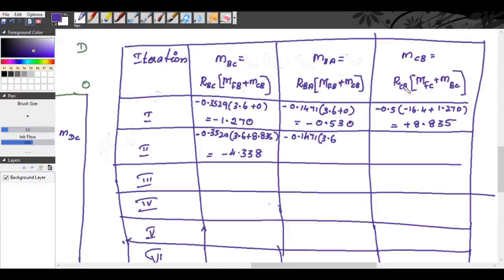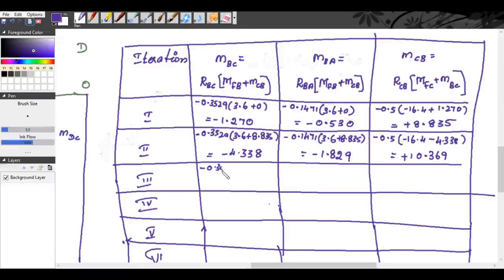The only thing changing is MCB, which is plus 8.835. We get minus 1.829. Here RCB is not changing, so minus 0.5. MFC does not change, minus 16.4, plus MBC, which is changing. The last value of MBC is minus 4.338. So we get plus 10.369.